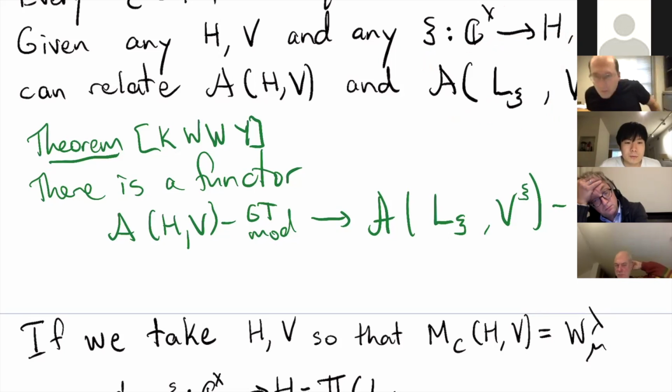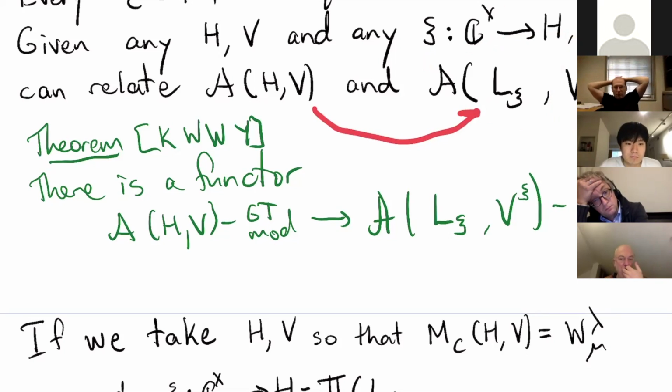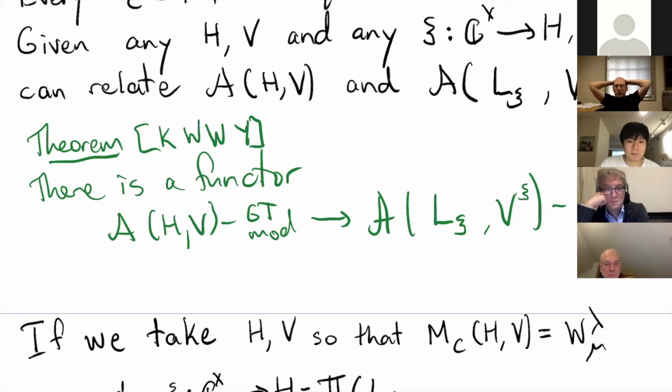And we proved that these two algebras are in some sense related by a version of Hamiltonian reduction. It's not simply Hamiltonian reduction. It's some more complicated relation, but morally it's a kind of Hamiltonian reduction. It's how you get from this algebra to this algebra.